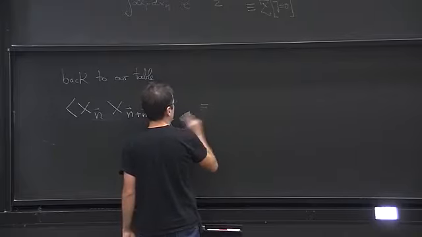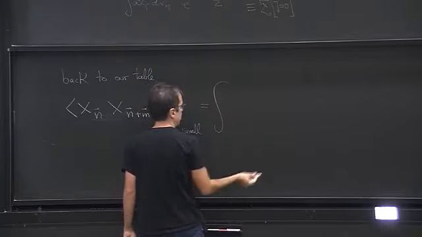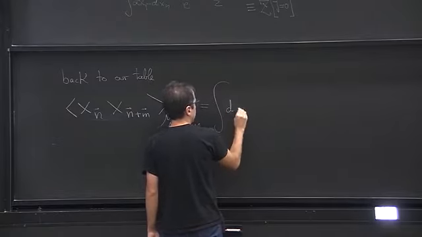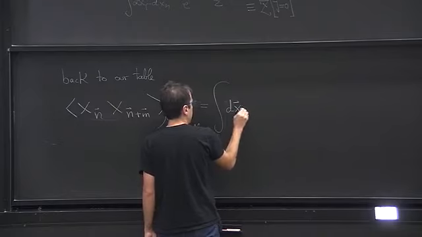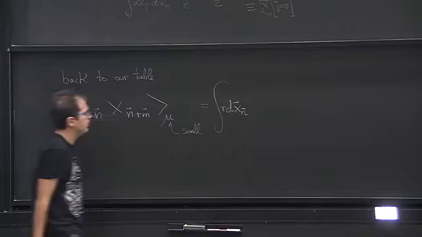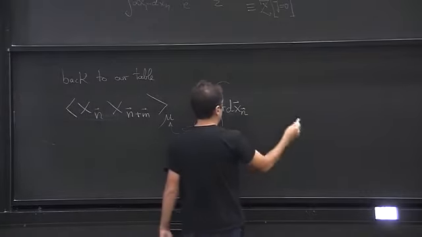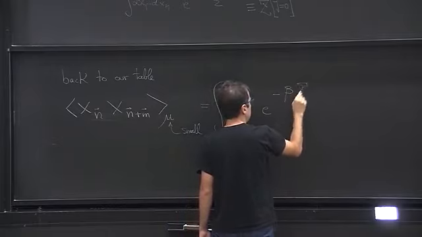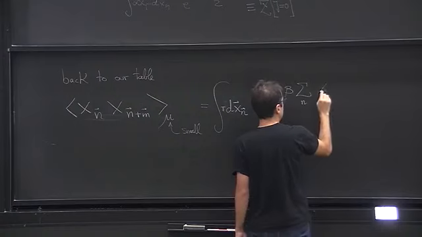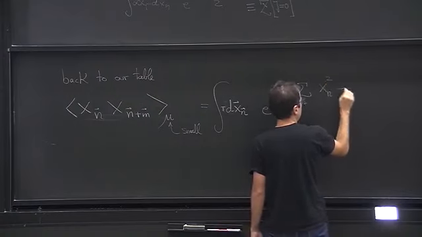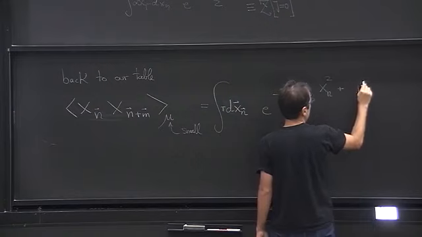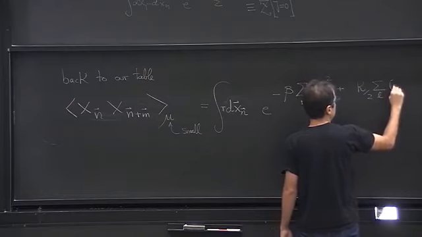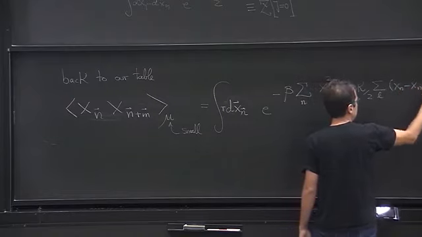We are saying that we have our integral over all our positions, the product of dx_n, e to the minus beta sum over positions of x_n squared plus some kappa over 2, I think, sum over neighbors of (x_n minus x_{n+L}) squared.